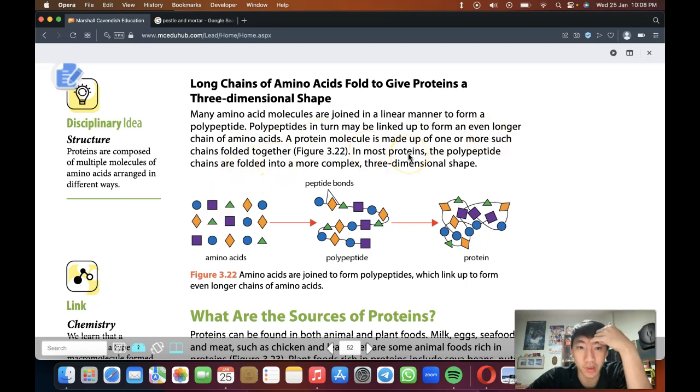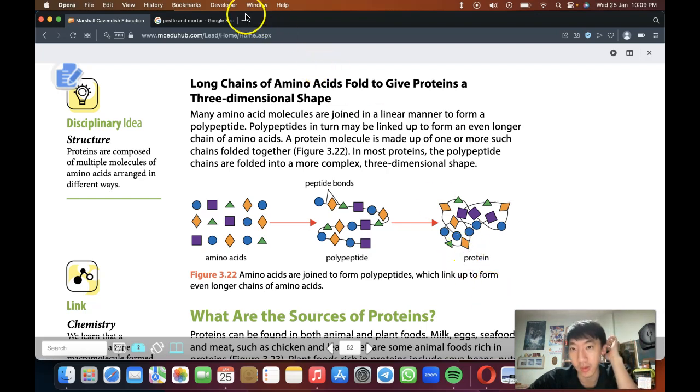In most proteins, the polypeptide chains are folded into a more complex 3-dimensional shape. So proteins are not 2D, they actually have a 3D shape, and that is the reason why enzymes, which we've learned about, have a specific shape for the substrate to fit in.